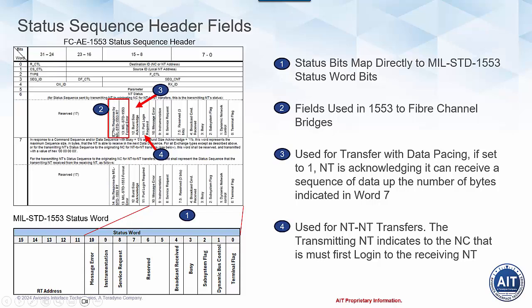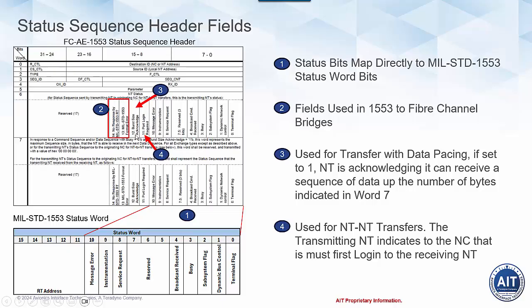Then there are some additional fields. Blob 2 here indicates fields that are used by 1553 to Fibre Channel bridges. I'm not going to discuss those, just indicating that built into the spec is the concept of a bridge between a standard 1553 bus and an FC-AE-1553 network, and there are some fields in here to indicate that. That's a whole other topic for another day.